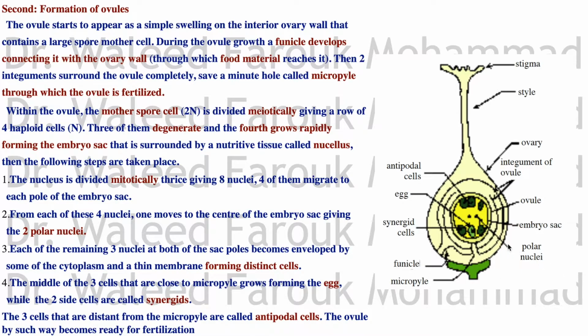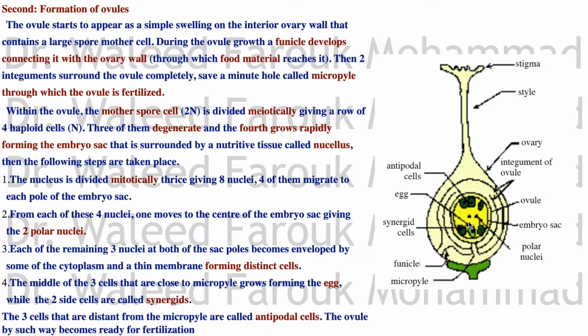As you can see here, 8 nuclei. 2 of these nuclei will migrate to the center, called polar nuclei, and each of the remaining 3 nuclei on each side of the sac becomes enveloped by some of the cytoplasm and thin membrane, forming distinct cells.